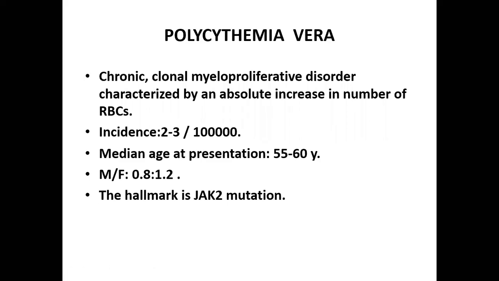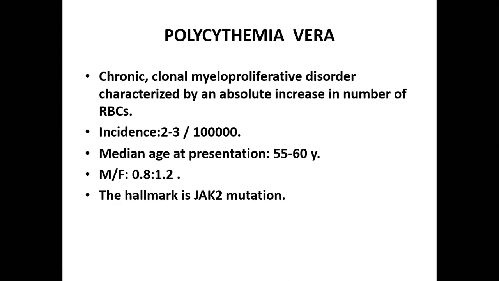Polycythemia vera is a chronic clonal myeloproliferative disorder. It is characterized by an absolute increase in the number of red blood cells. The incidence is around 2 to 3 per 100,000 population. The median age in the Western countries is 55 to 60 years, but in our country, in Iraq, many patients are young.